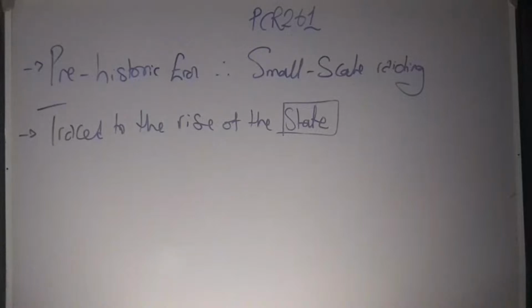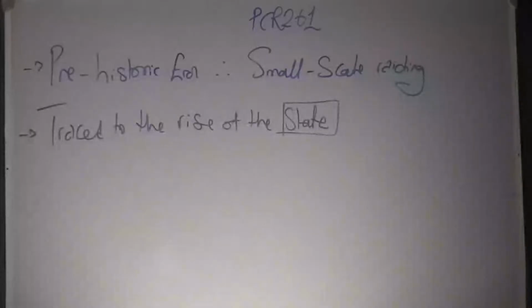So we are being told now that disputes, the changes, we are talking about the history of disputes. A lot of things have happened. Starting from small scale raiding, it has changed over time.